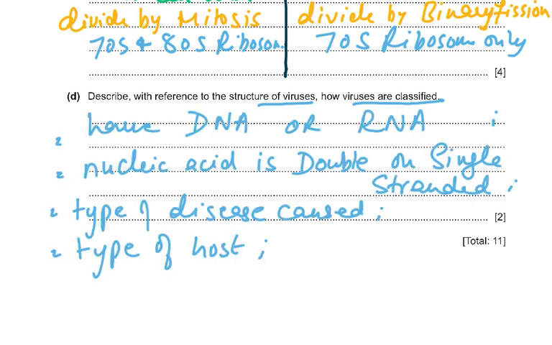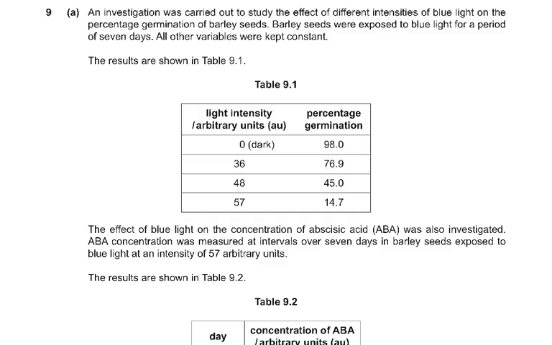So any of these points: DNA or RNA, nucleic acid is double or single. You see, here the DNA can also be double or single, and here the RNA can also be double or single. Then type of disease they cause, type of host they invade.